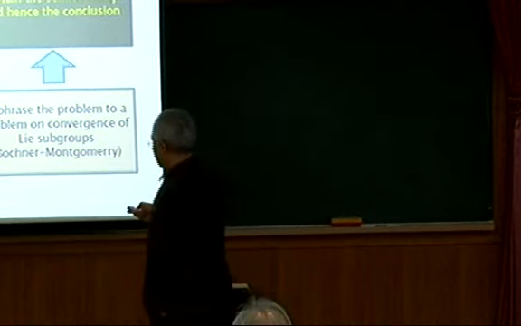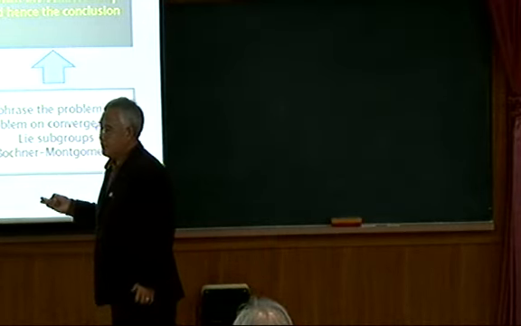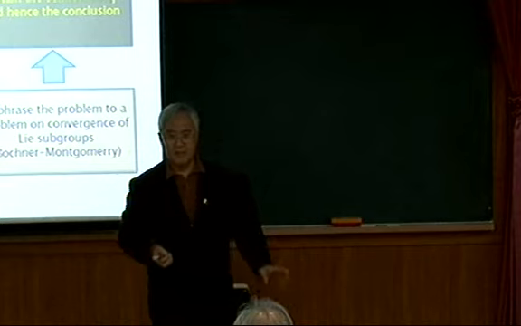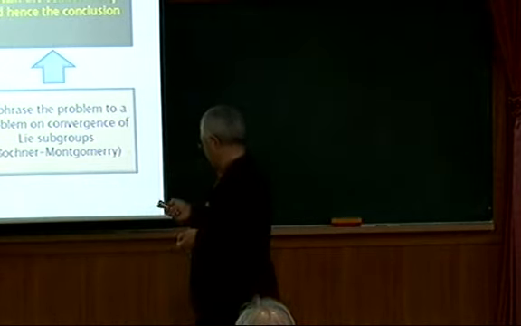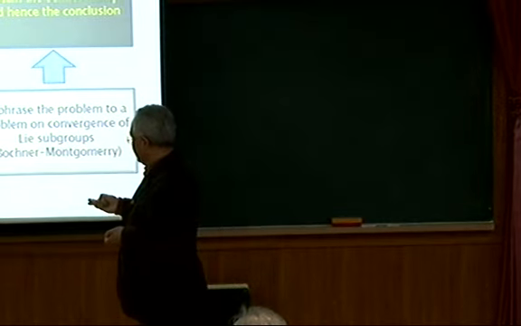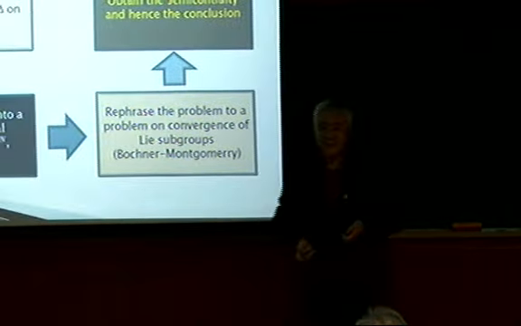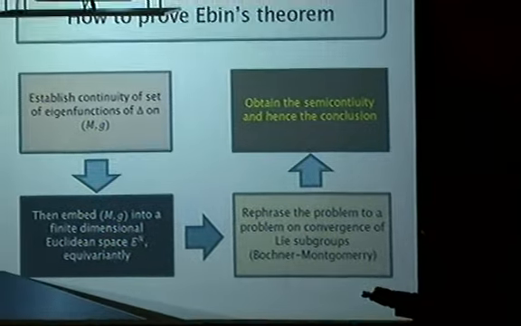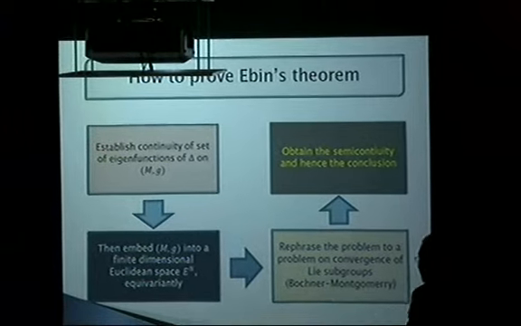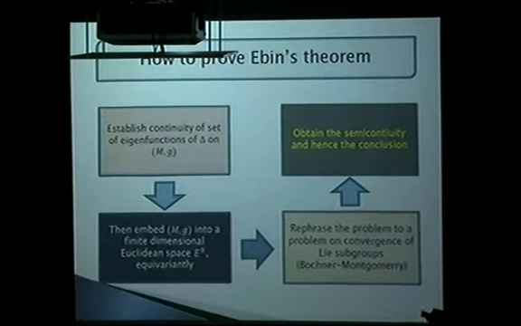If you take enough eigenfunctions, then you can use them to embed the manifold into a Euclidean space. Howard wrote R^n; this is E^n, same thing, the n-dimensional Euclidean space. This number is pretty big, but still we have an embedding.